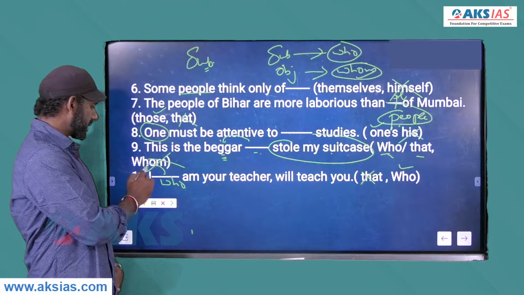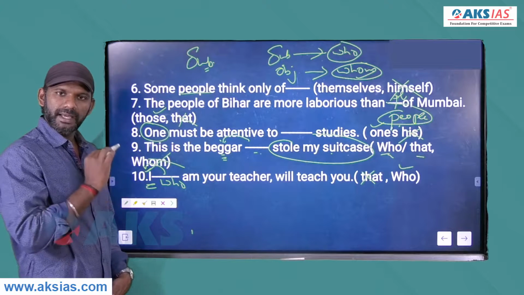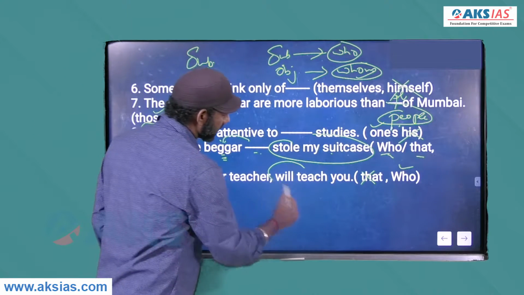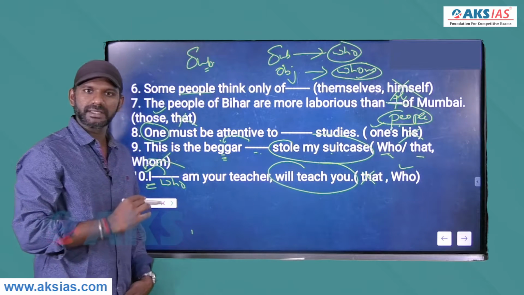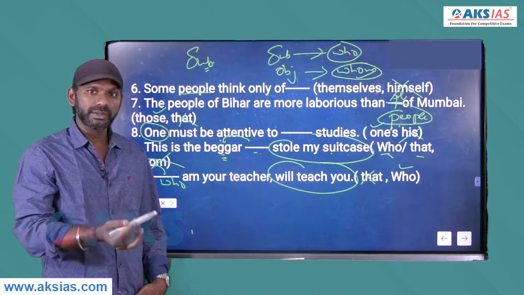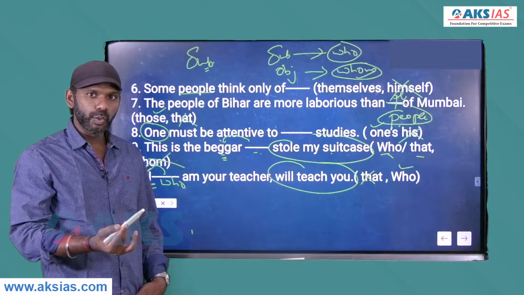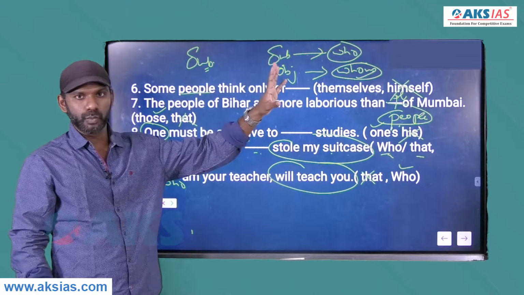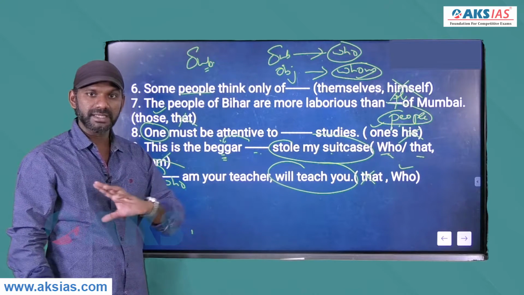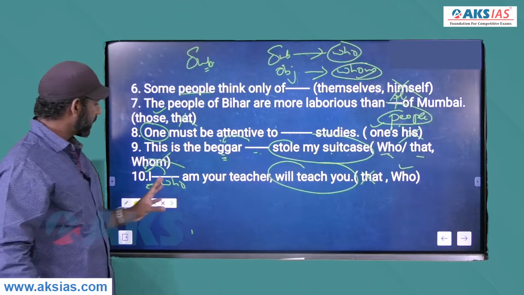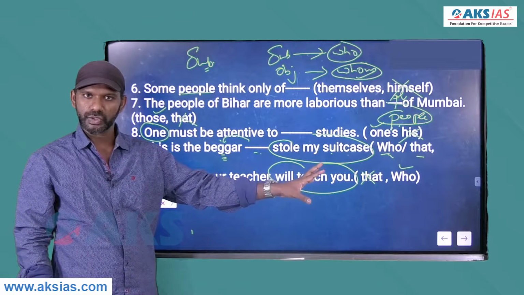Now, this blank refers to I. And according to the sentence, the action related to I is will teach you. So meaning of this sentence is I will teach you. I will teach you means I am going to do the action. So I am going to be the doer. Doer means a subject. Subject means it must be who. It cannot be whom. So if there is an option like whom here, we can just eliminate whom in this sentence. So it must be who. I, who am your teacher, will teach you.